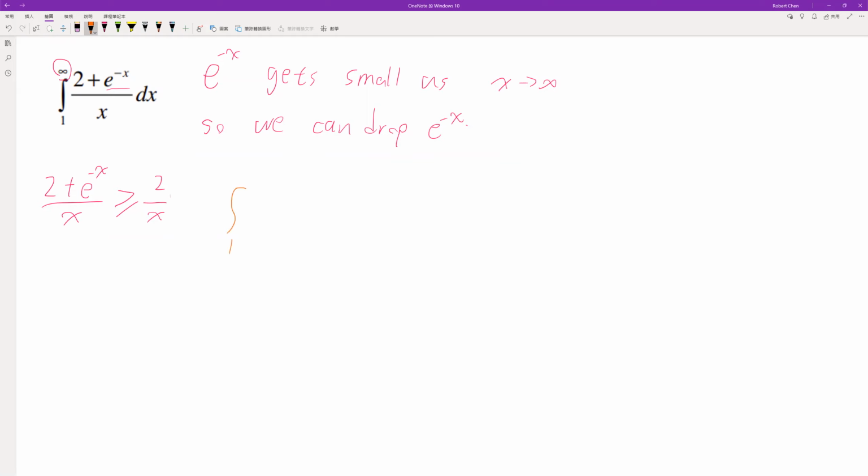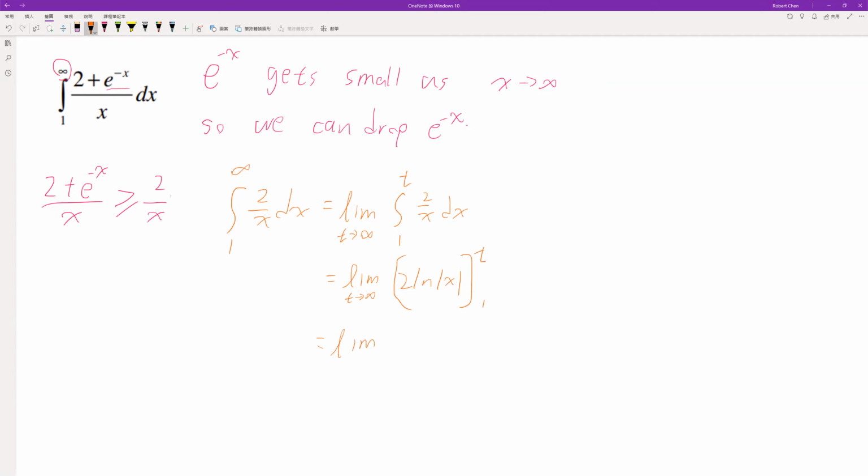Right, so let's see, 1 to infinity of 2 over x dx. And you can see that this integral is very easy to work with, which is limit as t approaches infinity, 1 to t, 2 over x dx. That is limit as t approaches infinity of 2 ln x, right, and then going from 1 to t.